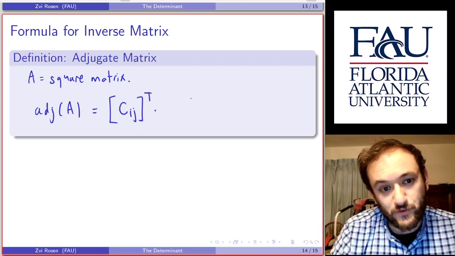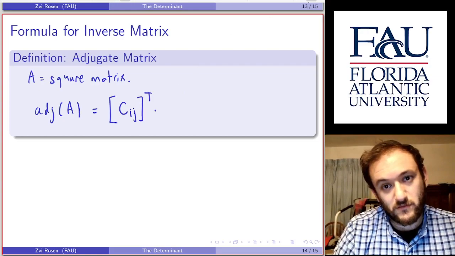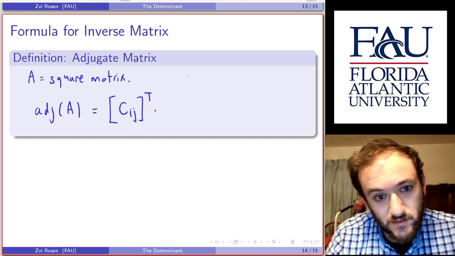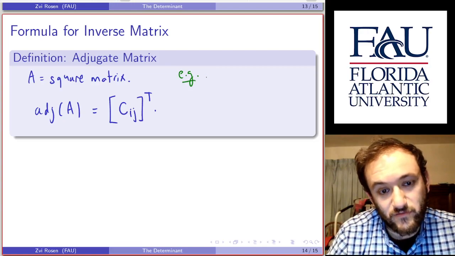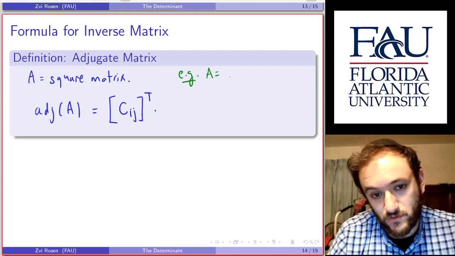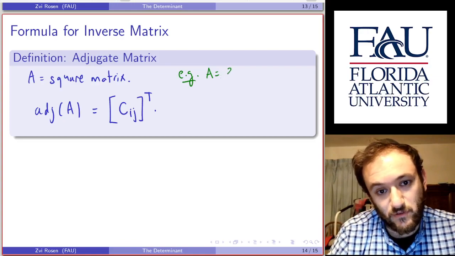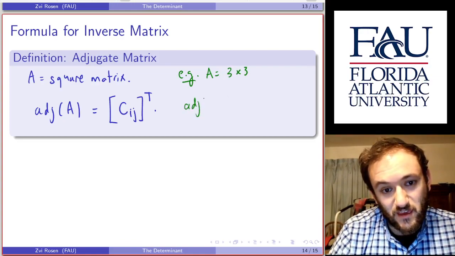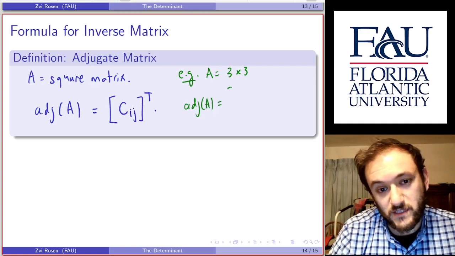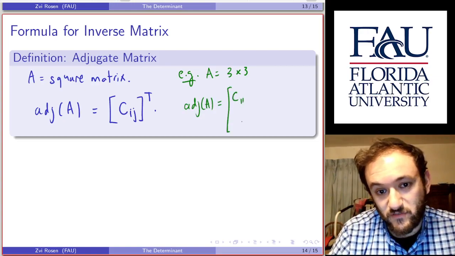Okay, so for example, let's do this in green. If A is 3 by 3, then the adjugate matrix of A corresponds to the transpose of the cofactor matrix.